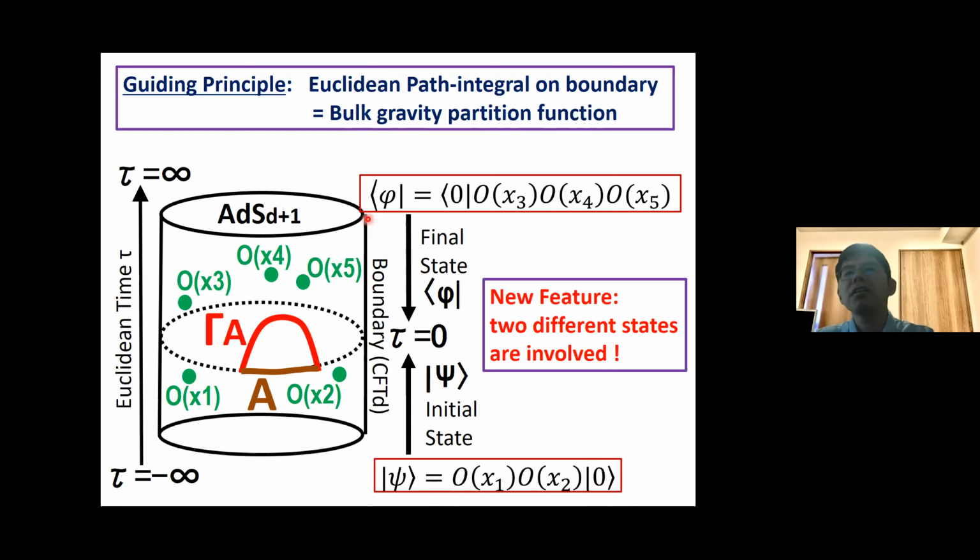But on the opposite side, if we look at the upper half, we encounter the bra, and the other state looks like just a three-operator state, created by acting with three operators. So we naturally encounter two different states in this Euclidean time-dependent setup. And this is the point. Anyway, we want to compute some minimum area at tau equals 0, and we want to think about its holographic interpretation. So we have to take into account these two different states.